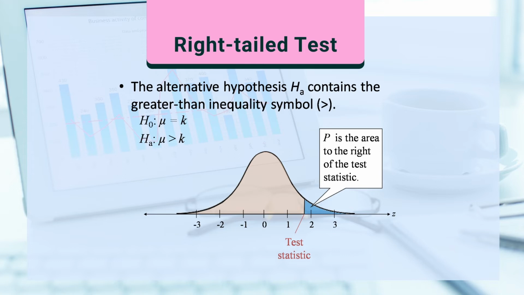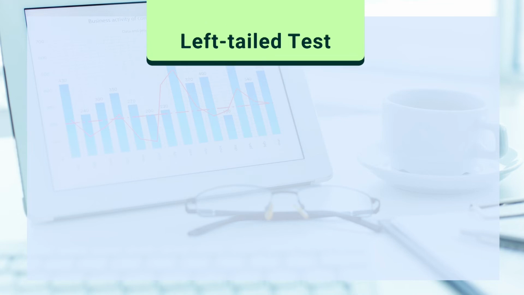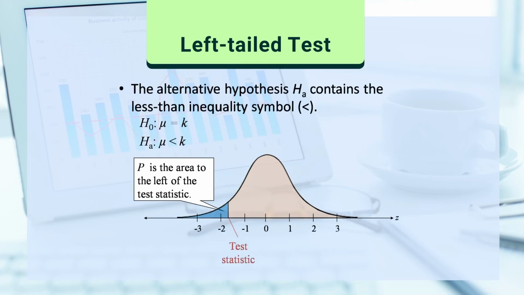For a left-tailed test, the alternate hypothesis, denoted by HA, contains the less than inequality symbol: mu is equal to k and mu is less than k. The test statistic would be on the left side, and P is the area to the left of the test statistic, so it has a left-tail curve.